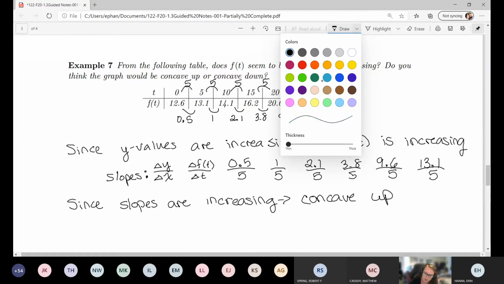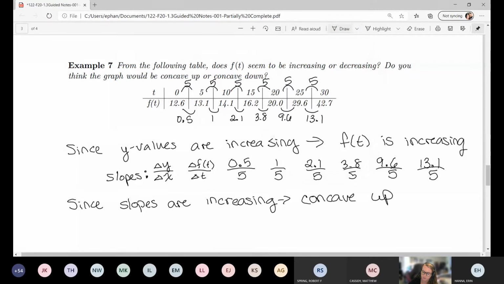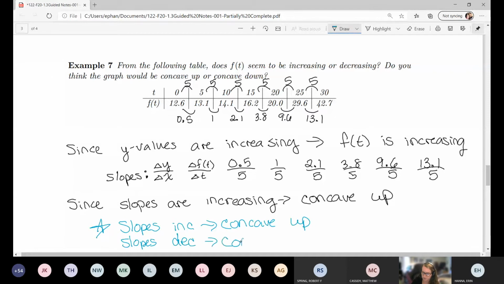So in a different color, let me write this down because it's more of a generic note than this actual example. So slopes increasing is concave up. And then slopes decreasing is concave down.